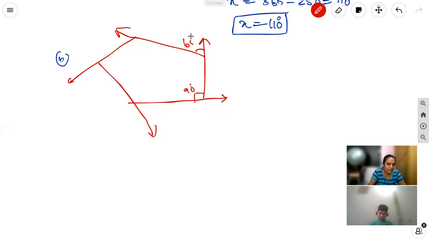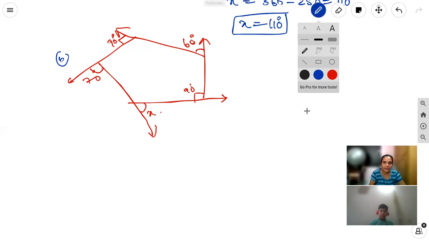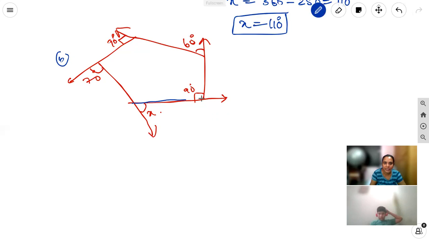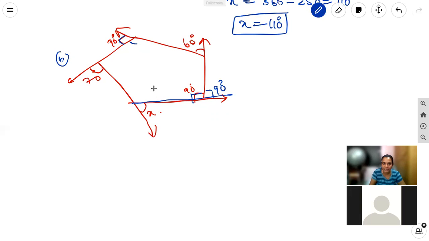This is 60 degrees. It is 90 degrees. Here 70 degrees. This is X. Here from the figure, we know that it is a straight line, means it is 90 degrees, means this is also 90 degrees. Here it is 90 means interior angle also 90. It is 70 degrees. We want to find out the X degrees.